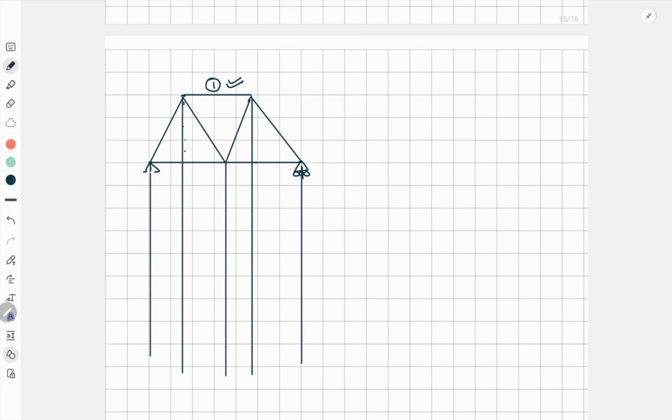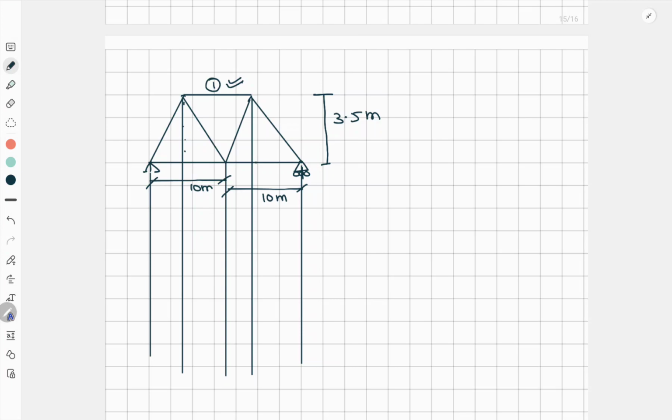Okay, so now we have to find for this member, and suppose the height of this truss is 3.5 meter, and from here to here is 10 meter, and from here to here again is 10 meter.